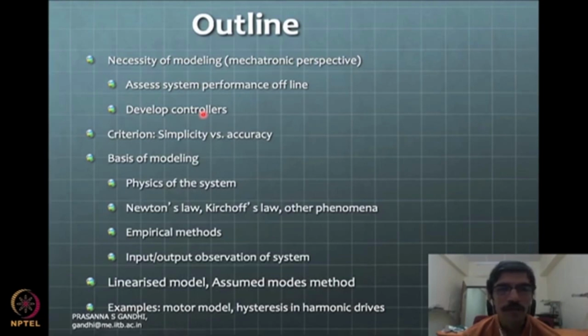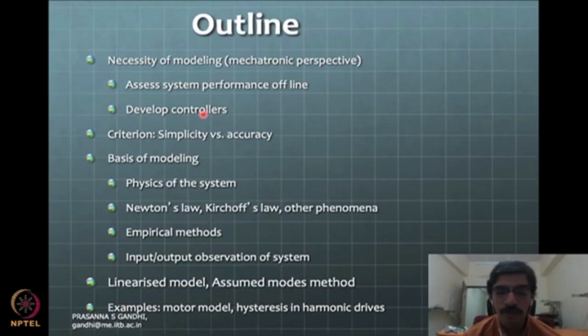A further utility, especially for mechatronics, is the development of controllers. So these are the two key aspects, the necessity for the development of the model. And the criteria for modeling will typically be simplicity versus accuracy.